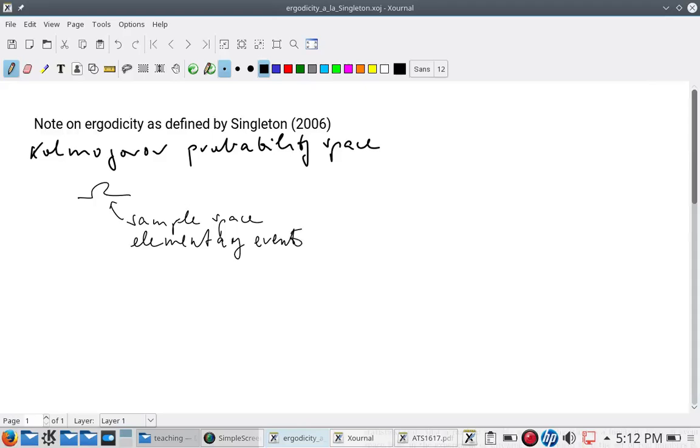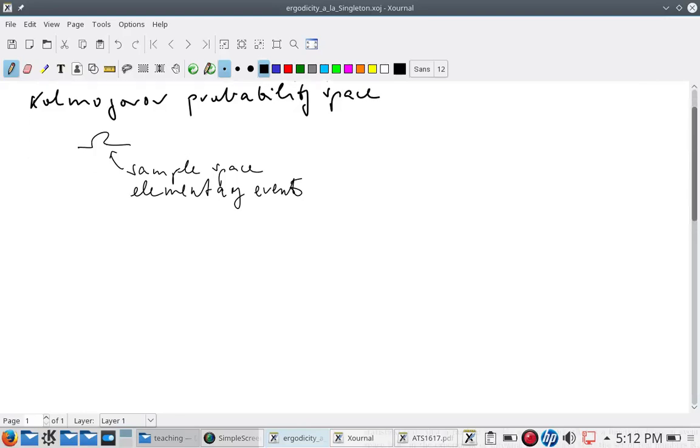The elements of this set or this space are typically denoted by small omega, which is where the notion of omegas in Singleton comes from. So it's best explained by a simple example that you already had in the prep course.